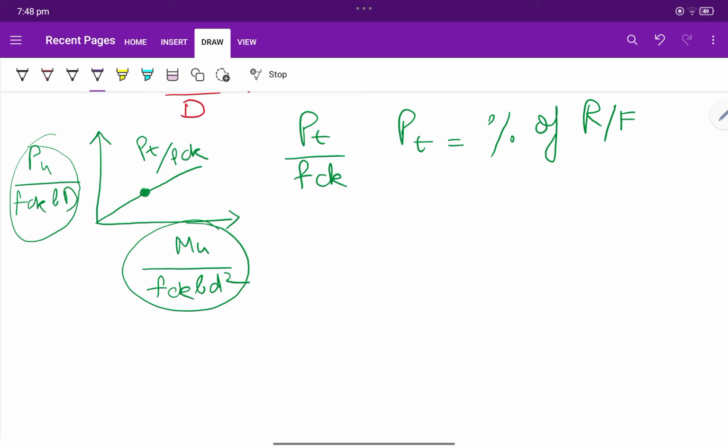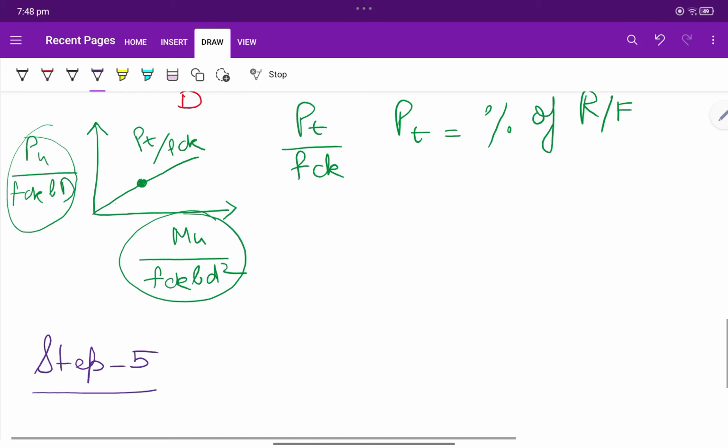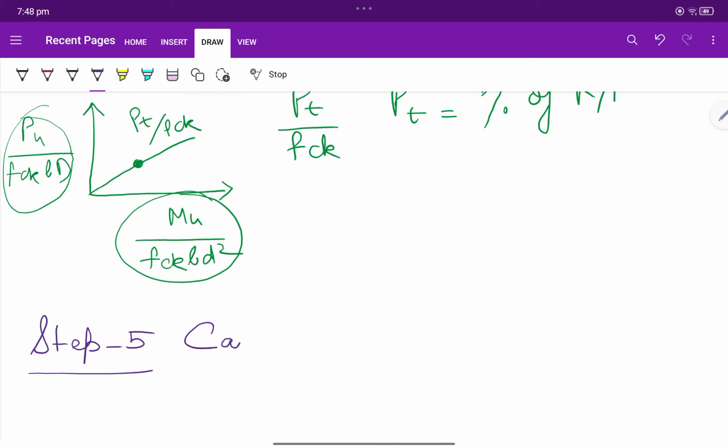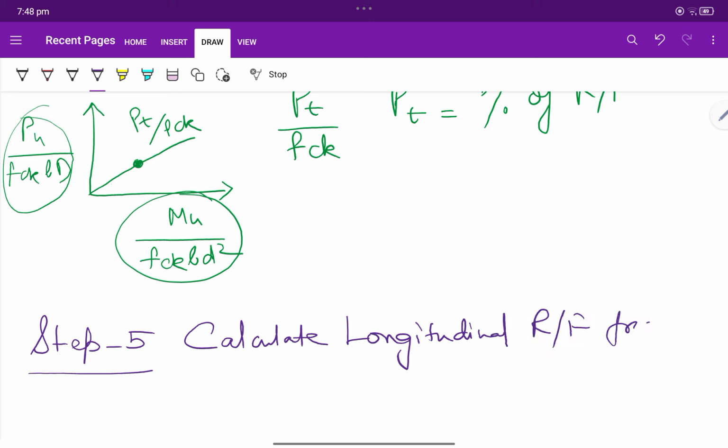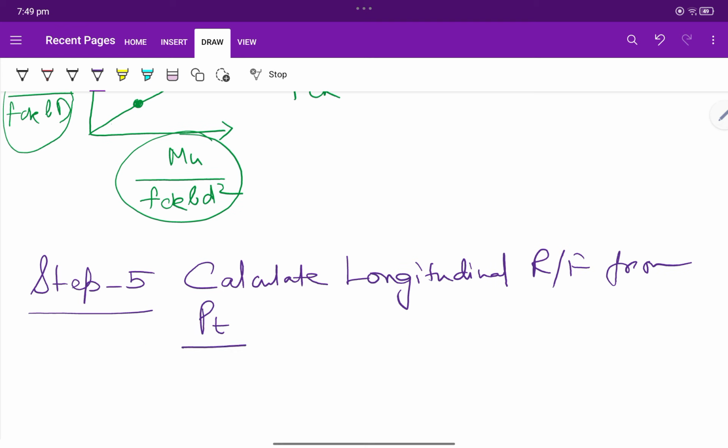Now see, step 5. What we will do, we have to calculate the longitudinal reinforcement from this pt by fck value.